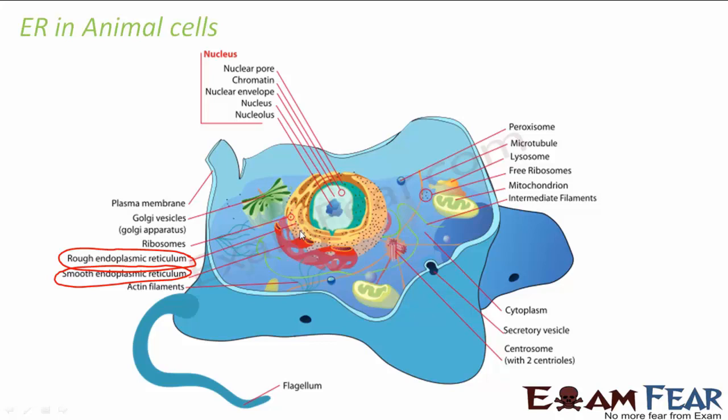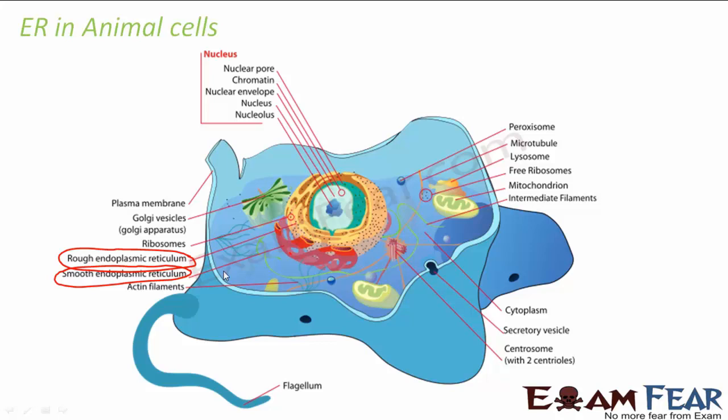This is the rough endoplasmic reticulum. And where is the smooth endoplasmic reticulum? This pink colored structure which is smooth, right? Did you notice a difference? Even in the previous slide and in this slide, the rough endoplasmic reticulum has dotted structure over it, whereas the smooth endoplasmic reticulum has no dotted structure and is completely smooth, right? We will see that as we go ahead.